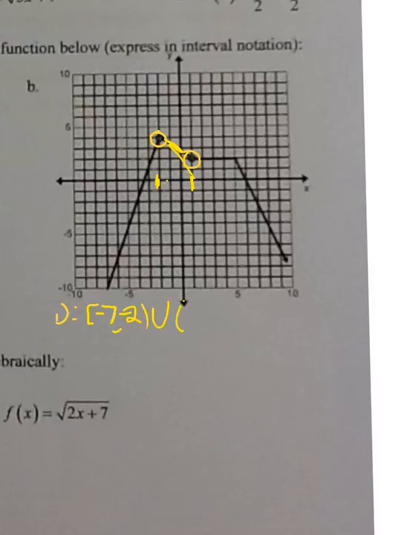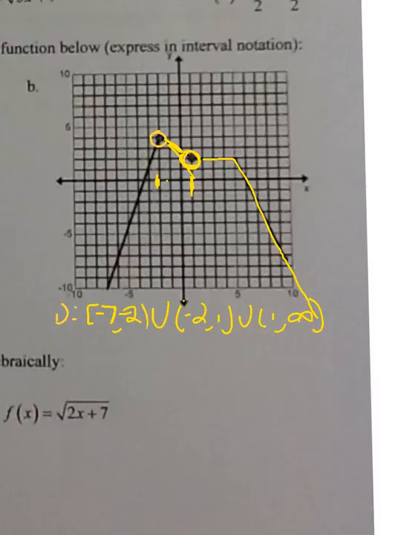So it's parentheses, negative 2, comma, 1. 1 is a parentheses because we're not using that. And then from 1, it keeps going to the right. And we're using all these x values, and they just keep going to the right. So then it's union 1 to infinity. And then that's a parentheses too.